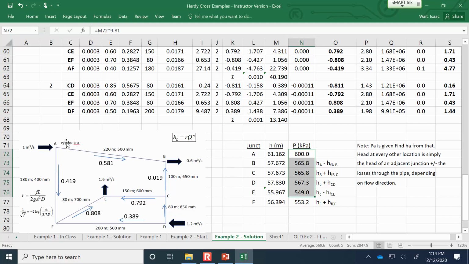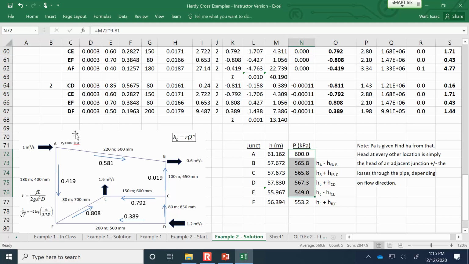The given pressure from the diagram is 600 kilopascals, and head, H, comes from the V squared divided by 2g. It comes from the elevation, and it comes from pressure divided by gamma. So when we say head, we mean those three places that the energy can be.